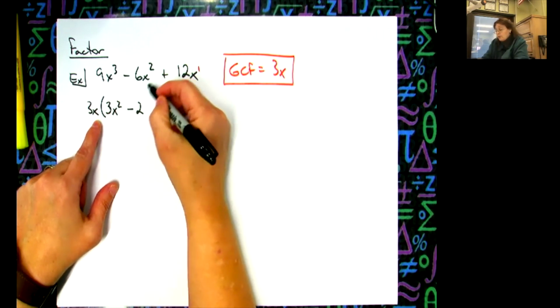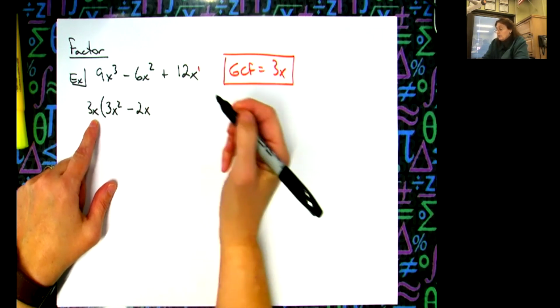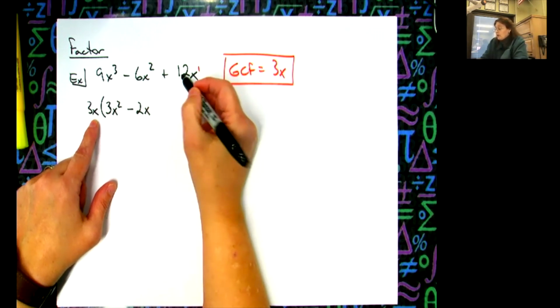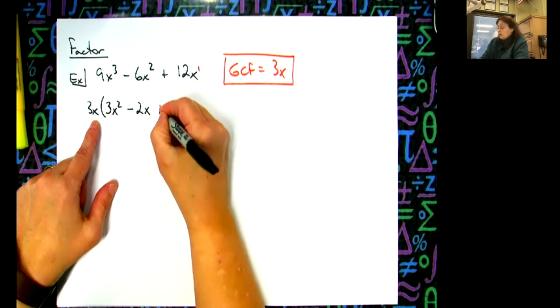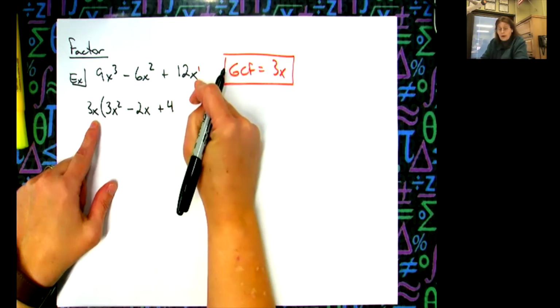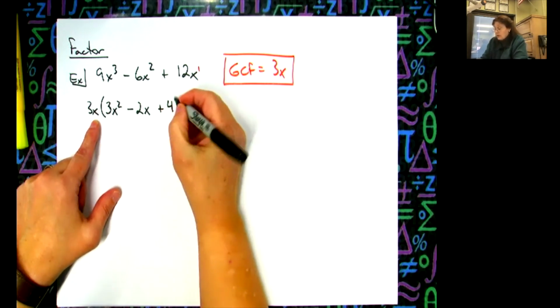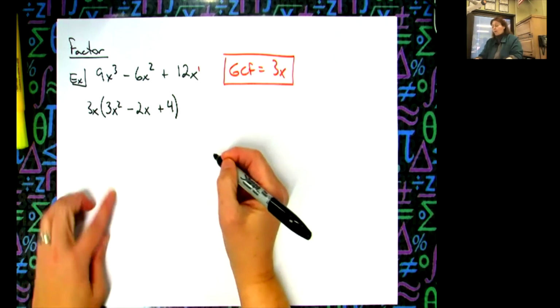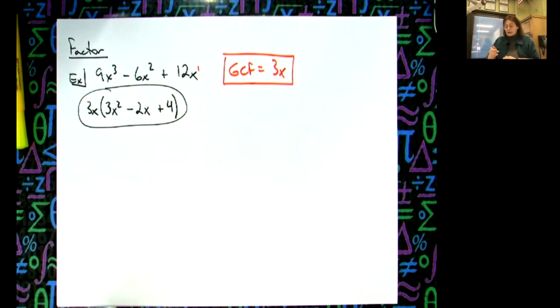I have 2 x's, I'm pulling 1 x out, and I have 1 x left over. I've got a 12 here. I divide out 3, which leaves me with a 4. I have 1 x and I'm taking it out, so this term will not have any x's left over at all. So this is my factored answer.